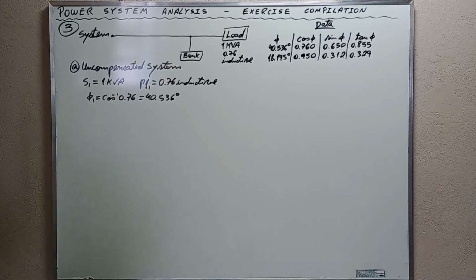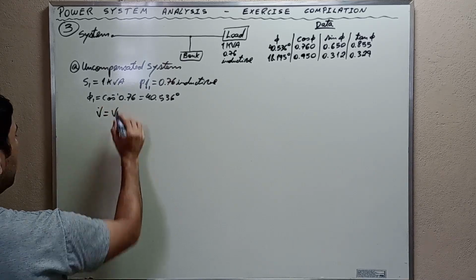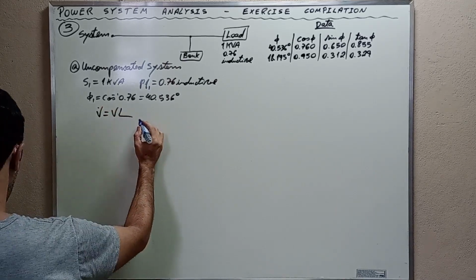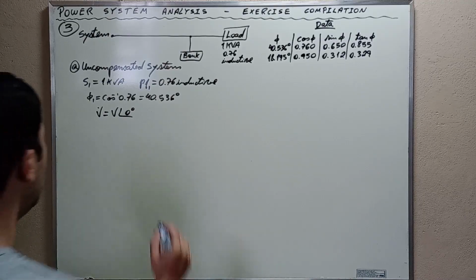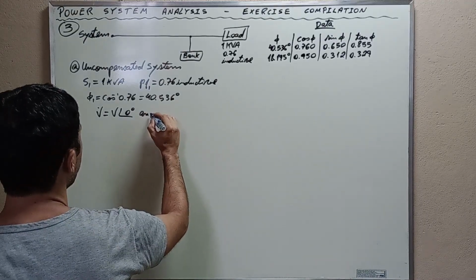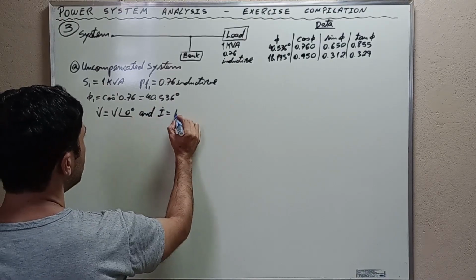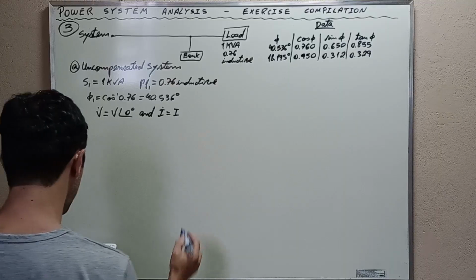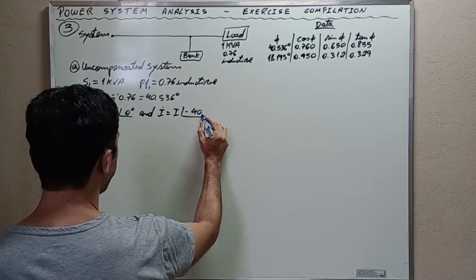Okay? As the power factor is inductive, the current lags the voltage by the angle of the power factor. That is, the voltage phasor has a magnitude and an angle. Let's stipulate that the angle is 0 degrees, and the current phasor is equal to the magnitude of the current at an angle.